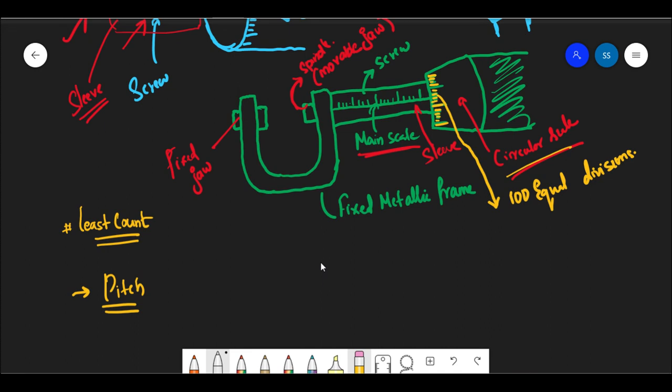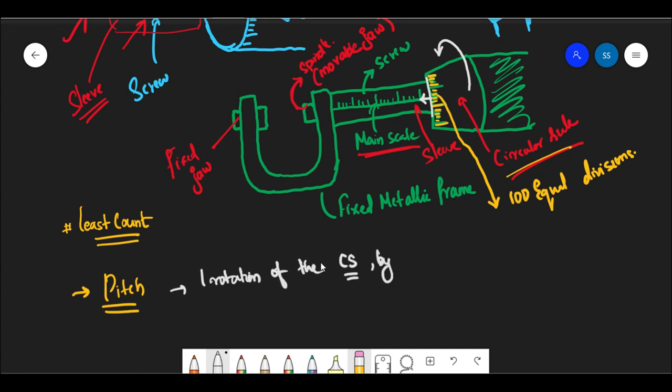Let's consider that I'm rotating the circular scale in an anti-clockwise direction. When I rotate it, this part will move forward, am I right?